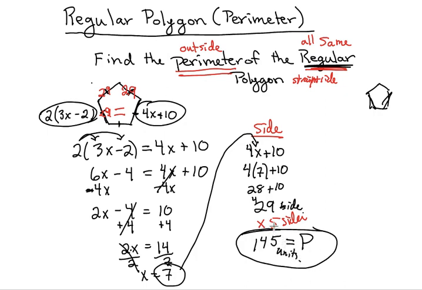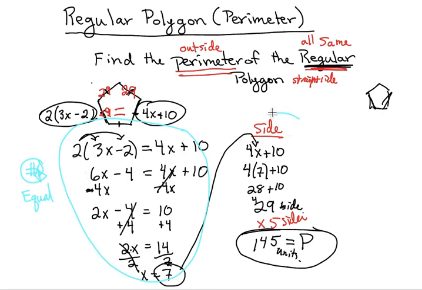So the steps in solving: the first step is to get that equal. So right here, step number 1 is to get it set equal. Use that equal sign because they are regular.